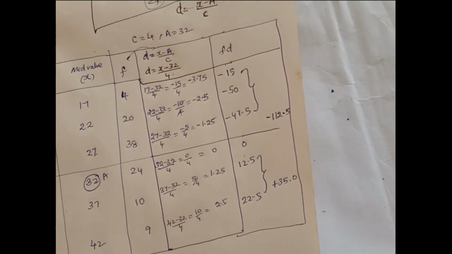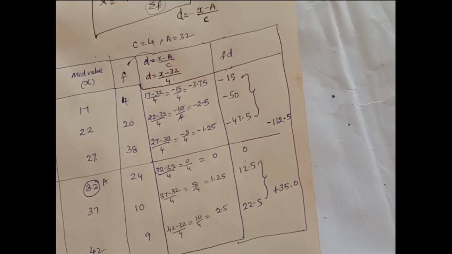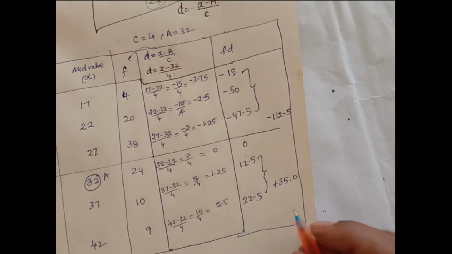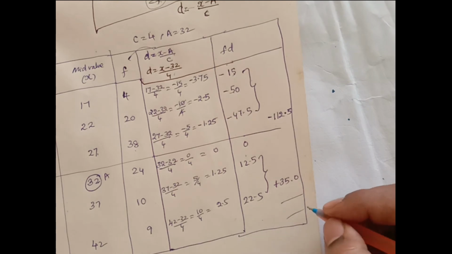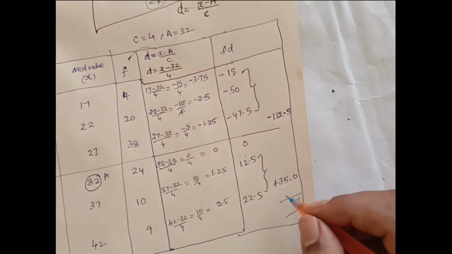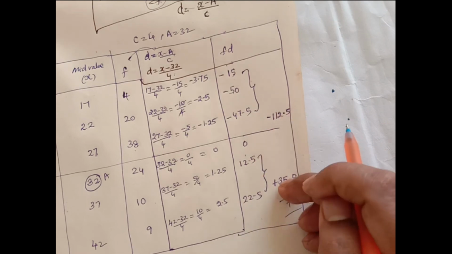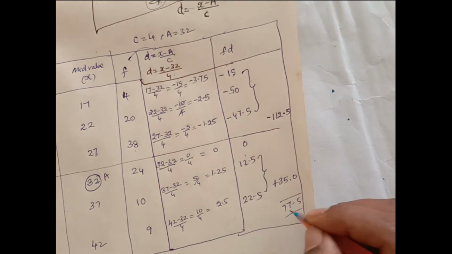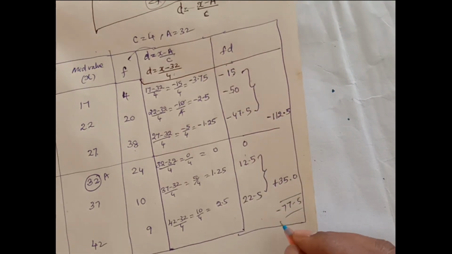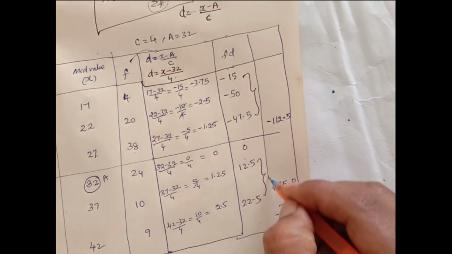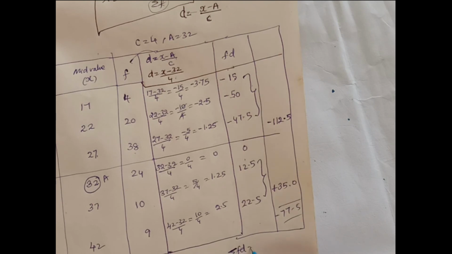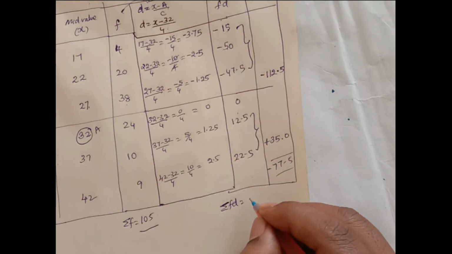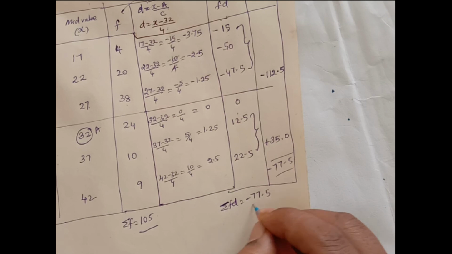Now minus 112.5 plus 35. Then calculate this. 5 minus 0 is 5. 12 minus 5 is 7. 10 minus 3 is again 7. That is equal to sum of f into d is equal to minus 77.5.